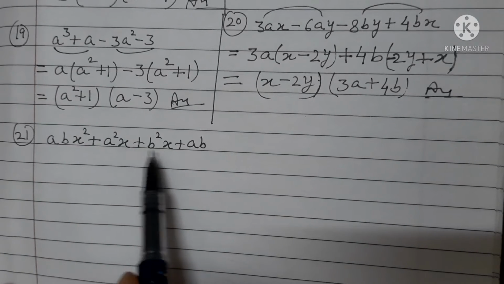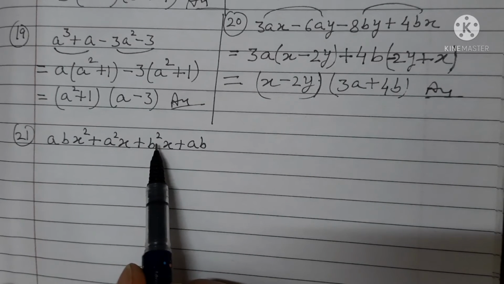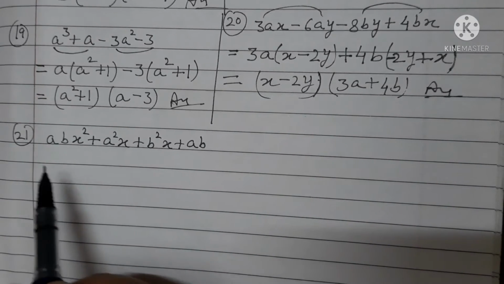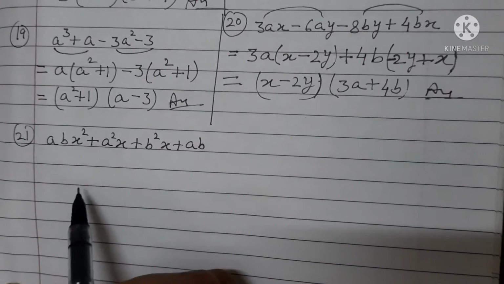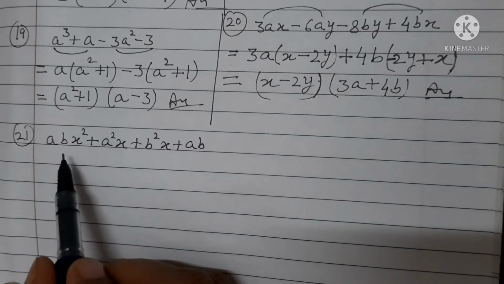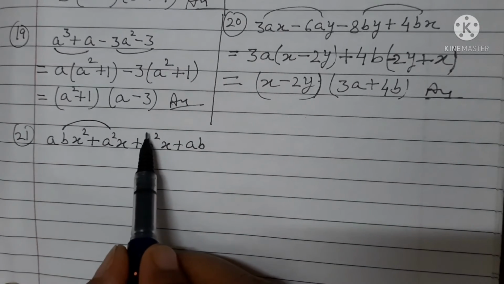So here when you take x common, then in the bracket a square plus b square, so this will not fit for the solution. So we are changing the group. Take these two terms together and these two.